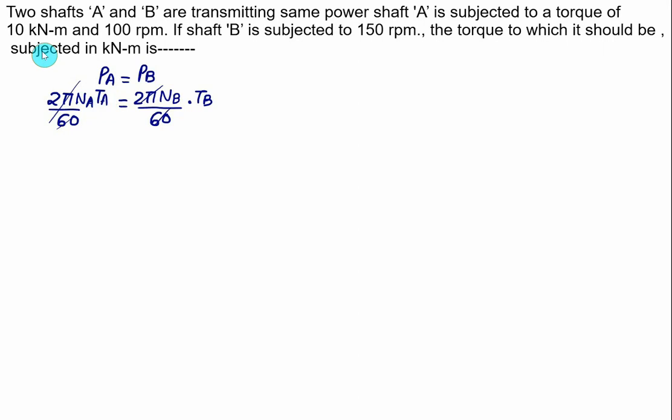The torque of A is equal to 10 and speed is equal to 100, so we have 100 multiplied by 10. The speed of B is equal to 150 and the torque of B we have to calculate. So you will get the value of torque B equal to 1000 divided by 150, which is very close to 6.67 kilonewton meter.